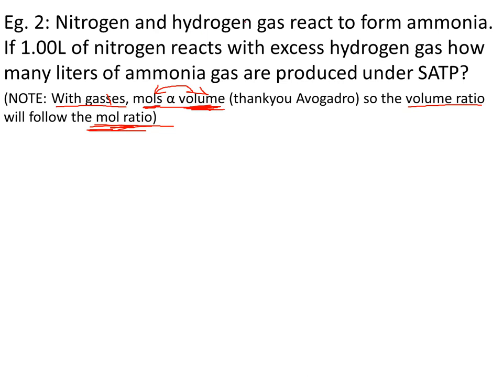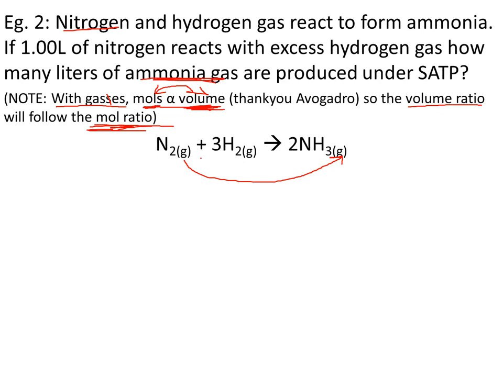So as long as we are starting off with a gas and ending with a gas, it makes the work really, really easy. If we have nitrogen gas and we go to ammonia gas, we can see that the mole ratio is a 1:2 ratio. And normally we would have to convert to moles to use that ratio. But since these are gases, we can skip all of that work, and we can apply volume directly to that 1:2 ratio.